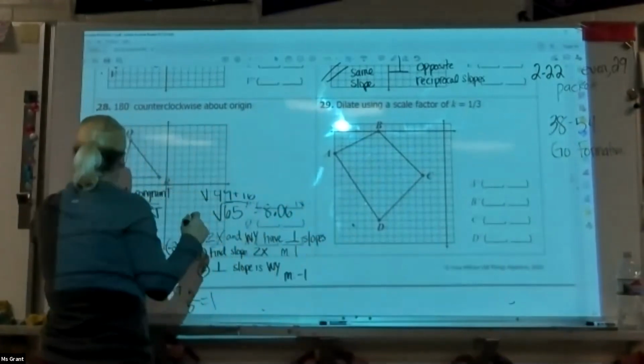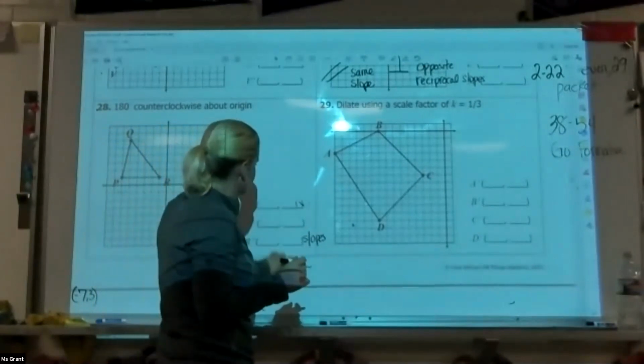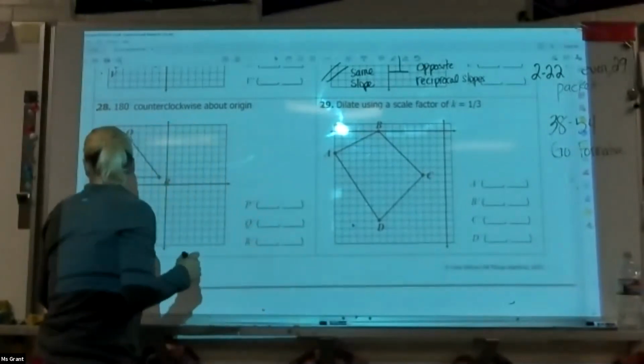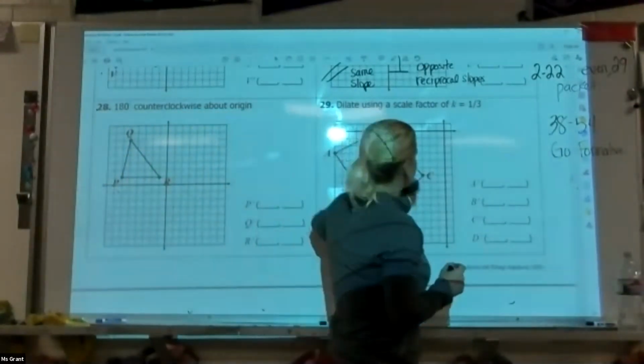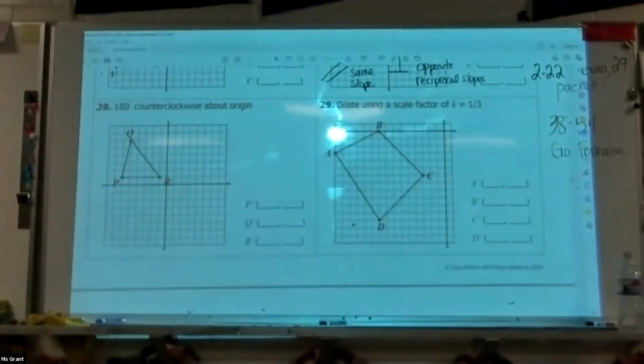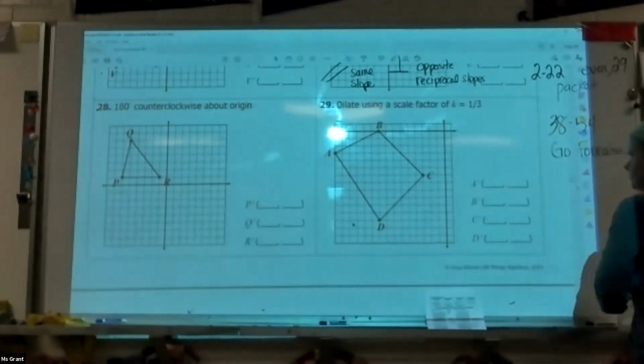All right, scale factor means that I'm going to increase a shape. I'm going to double it or triple it. I could even cut it in half, cut it into thirds. So right now, on 29, I need to dilate this using a scale factor of 1/3.